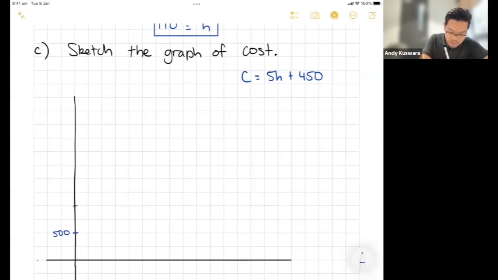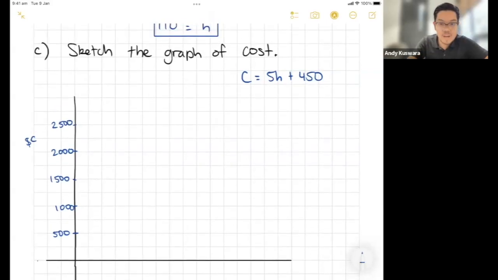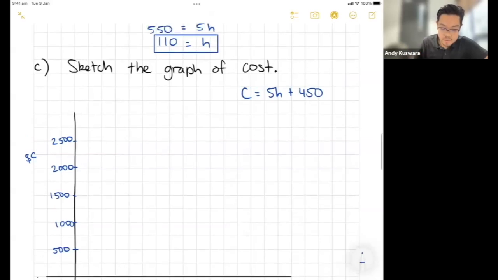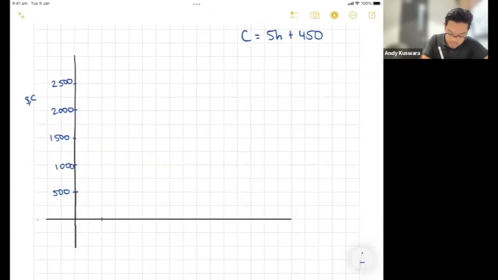So 500, 1,000, 1,500, 2,000, 2,500. That there is going to be my cost. And then down here will be the number of things that I will produce. In this case, a good scale might be something like 50, 100, 150, 200, 250.